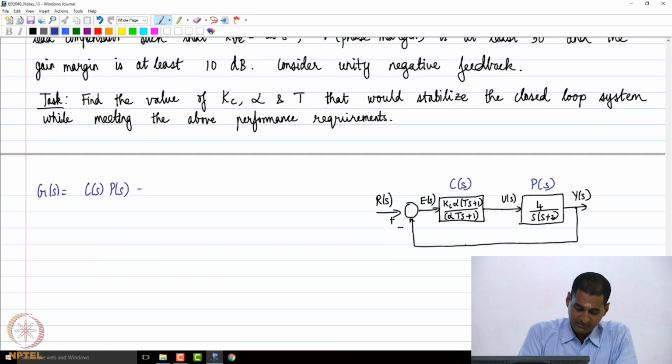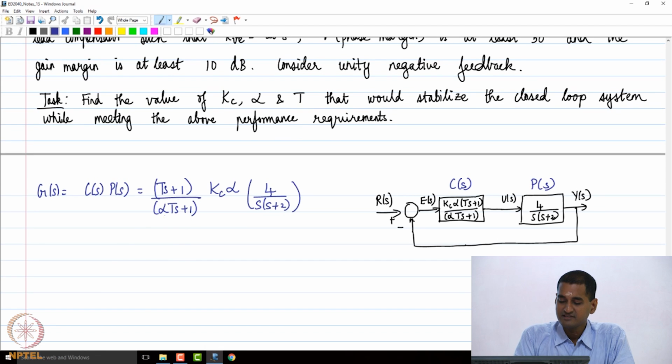The controller transfer function is Kc alpha times Ts plus 1 divided by alpha Ts plus 1, I am just writing Kc alpha here, and the plant transfer function is 4 divided by S times S plus 2. Let us define the parameter k as Kc times alpha.